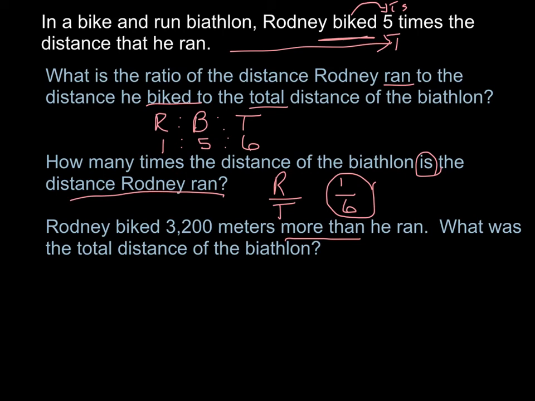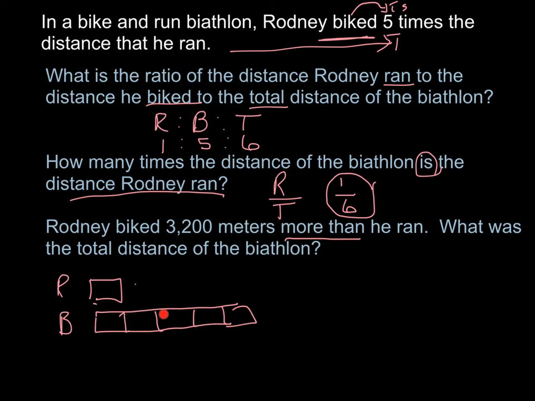So I'm going to start out by making my ran boxes, which is 1, and then my biked boxes is 5, and he biked 3,200 meters more than he ran.